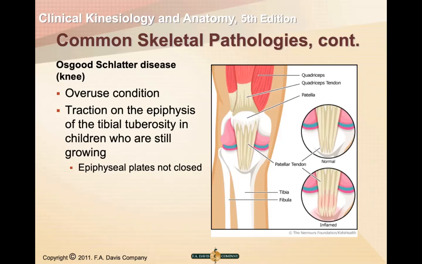This is an overuse of your patellar tendon, and it provides too much traction and too much pull on the tibial tuberosity where it inserts. So you get inflammation and pain of the patellar tendon and the tibial tuberosity.